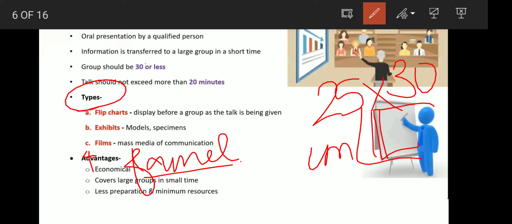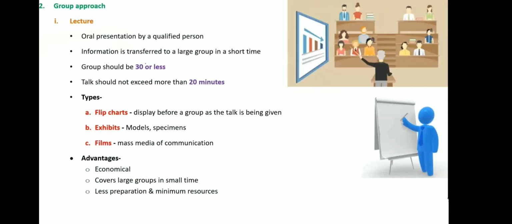Each poster will have some information or some demonstration or explanation with regards to the talk. Each chart will be displayed before the group and certain talk regarding that information will be given. Then the chart will be changed, and accordingly they keep flipping the charts, and that is why they are flip charts. So they keep flipping the chart and they talk about each of the information which is displayed in the chart.